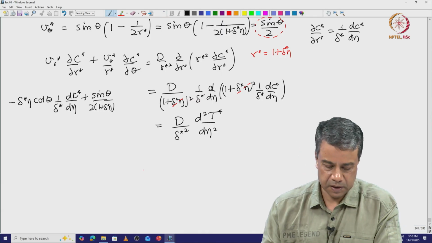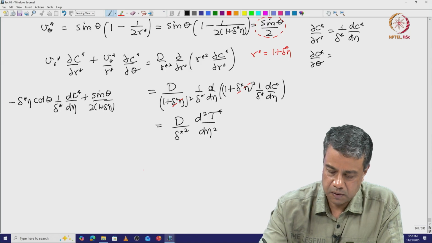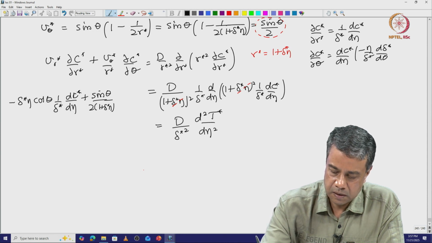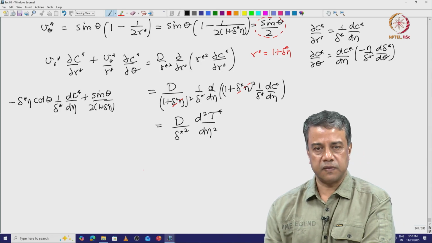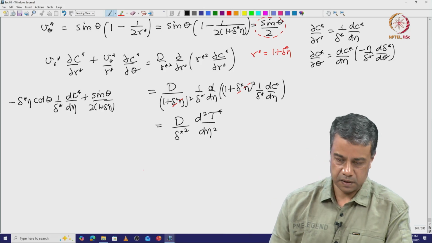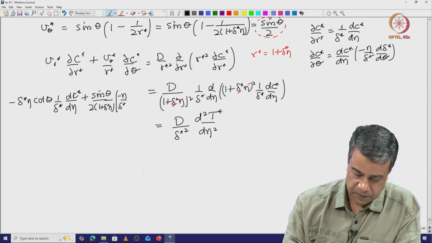If you recall correctly, partial C star by partial theta is equal to d C star by d eta into minus eta by delta star d delta star by d theta. It is basically minus of r minus 1 divided by delta square d delta by d theta. So, this is minus eta by delta star.